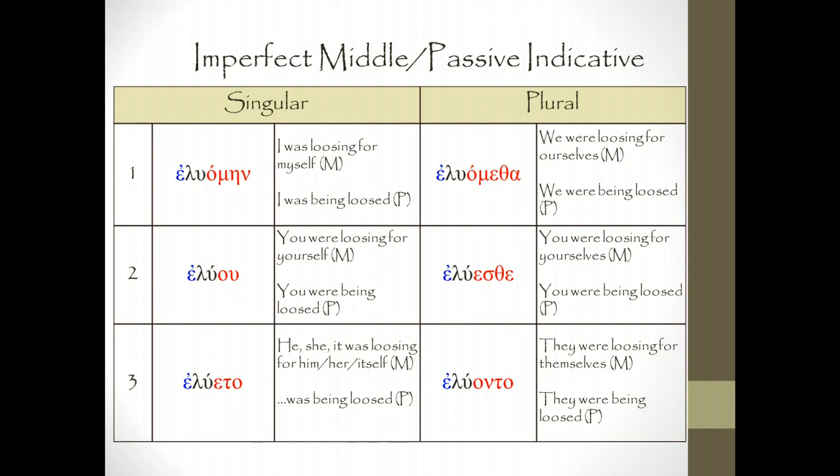Eluleto: "she, he, or it was loosing for him, her, or itself," or "she, he, or it was being loosed." Eluometha: "we were loosing for ourselves," or "we were being loosed." Eluesthe: "you were loosing for yourselves," or "you were being loosed." And then eluonto: "they were loosing for themselves," or "they were being loosed."